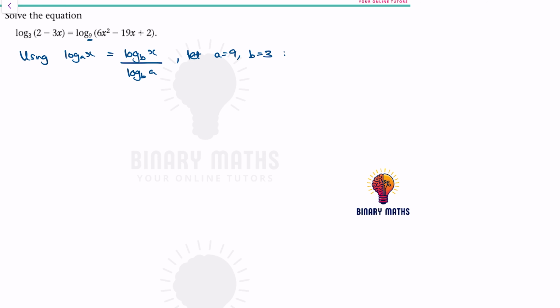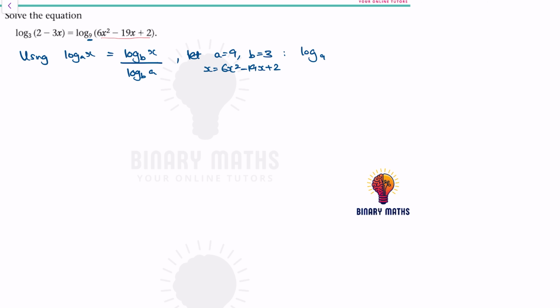Then we get log base 9. In this case, we also have x replaced by 6x squared minus 19x plus 2, because our input here is not x, it's that. So we need to keep the input the same.